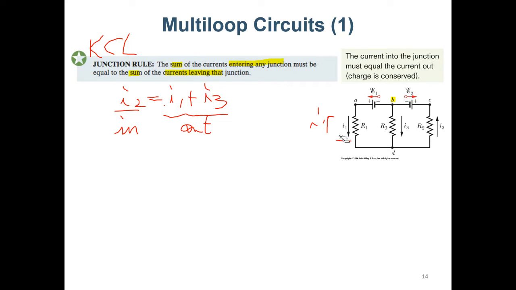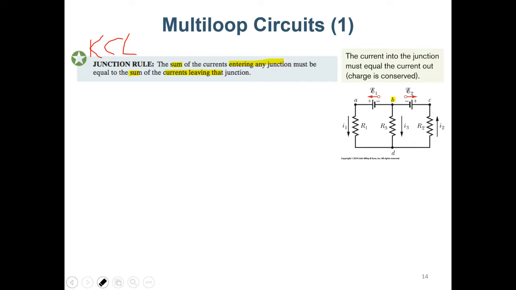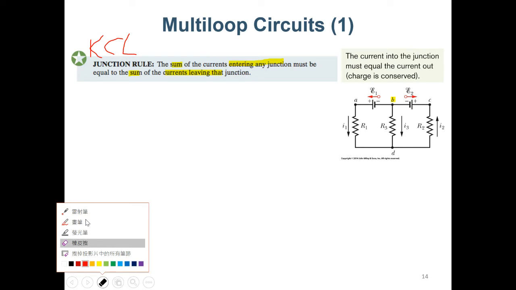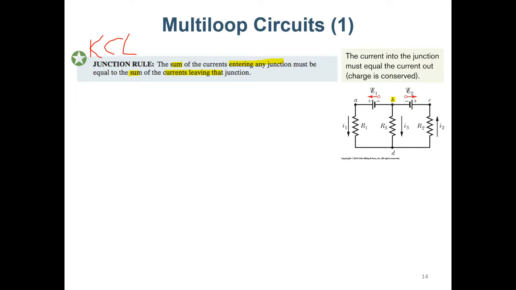And in this case, I usually assume that the current is going outside from a node to make my calculation, and then I will have a smaller chance of making mistakes.